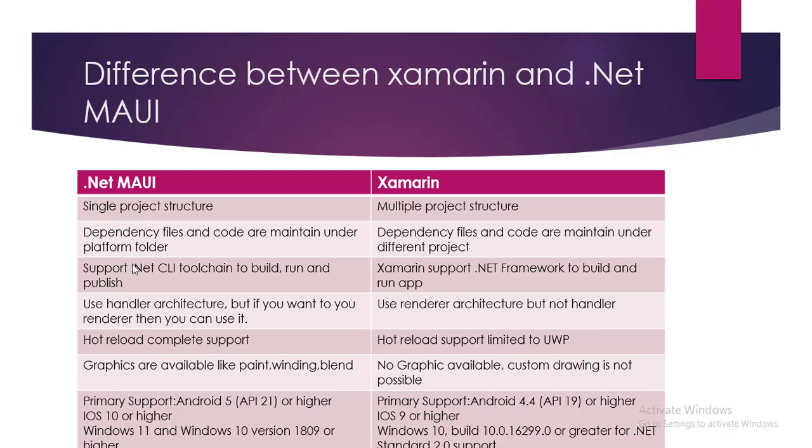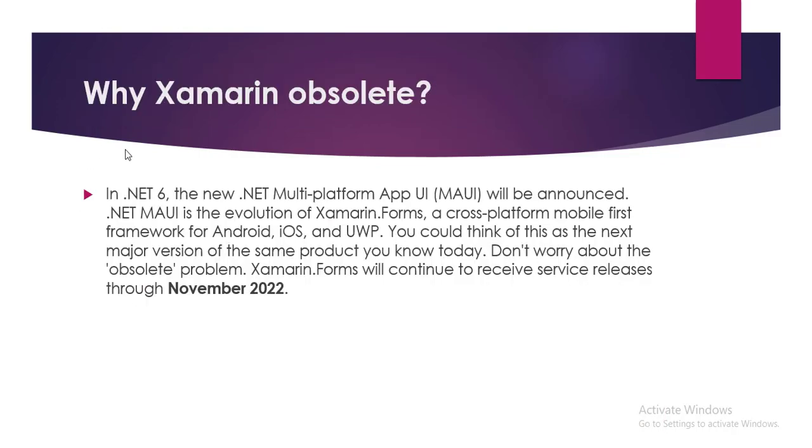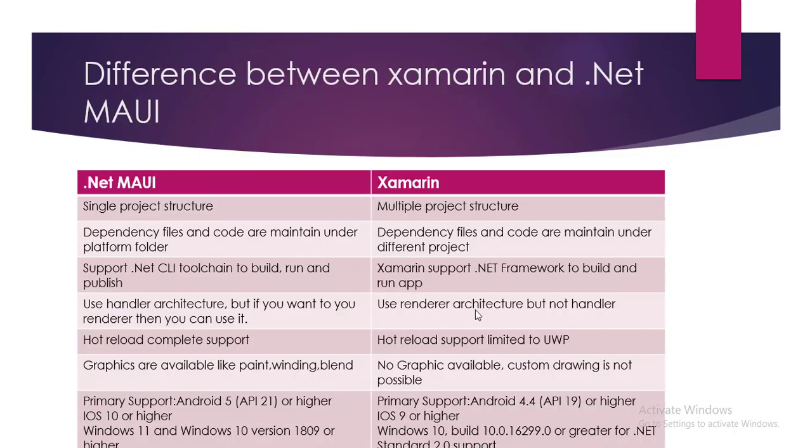Okay. Next, we saw the multiple project dependency file. It supports only the .NET framework to build and run, and it takes support of the .NET CLI toolchain. .NET MAUI uses the handler architecture and Xamarin uses the renderer architecture.